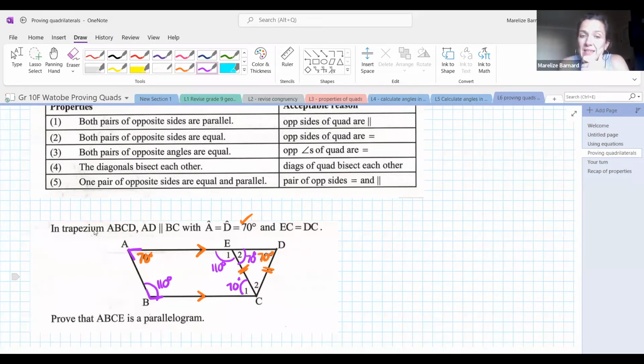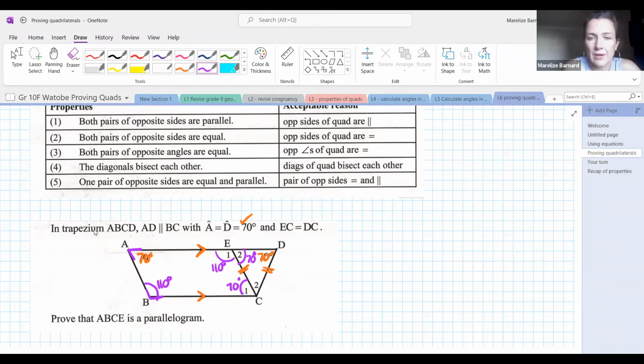Do you see that EC is equal to CD? What do we know about angles opposite equal sides? They have equal angles. Yes, that's right. So because those sides are equal, the angles opposite those sides are also equal.